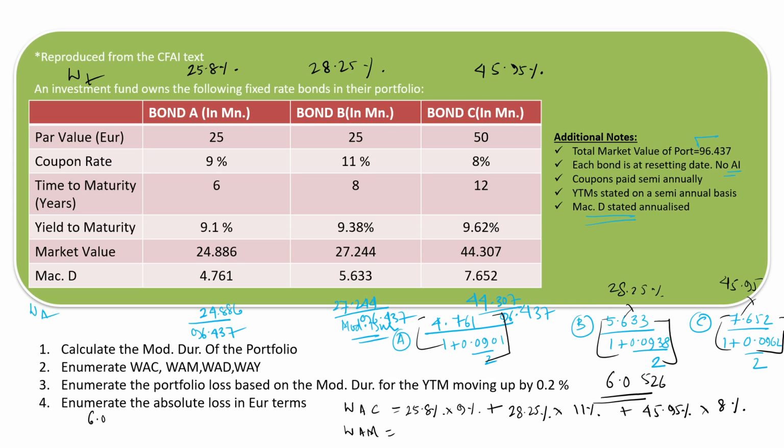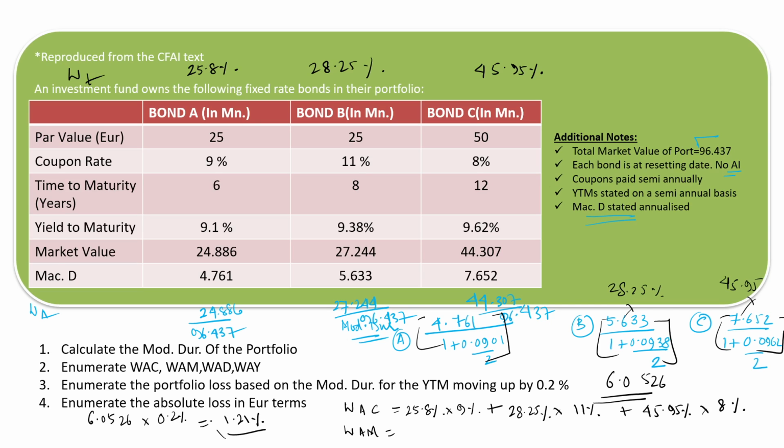All we have to do is to multiply this 6.0526 into 0.2%, which comes out to be 1.21%.